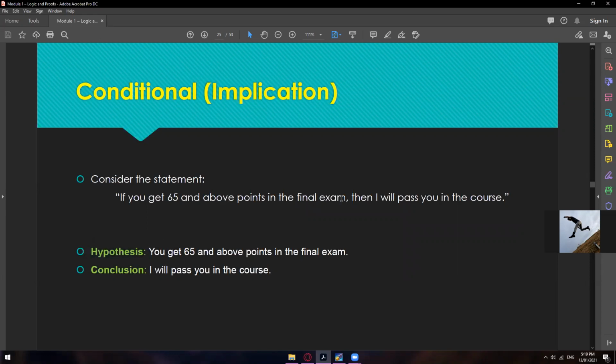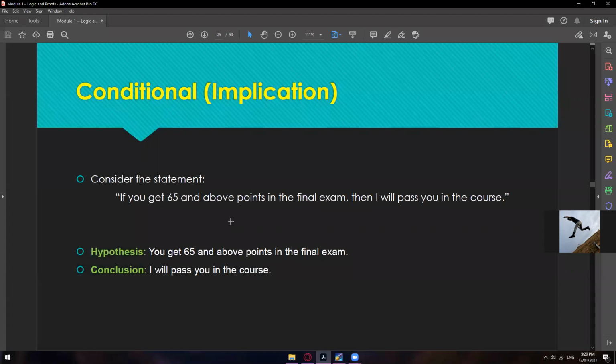Okay. And then if this hypothesis is true, then I will pass you in the course. So this is the condition. And if you were able to meet this condition, then I should also do my part, wherein I will pass you in this course. Okay. So we only have two parts for conditional. We have the hypothesis and then the conclusion.